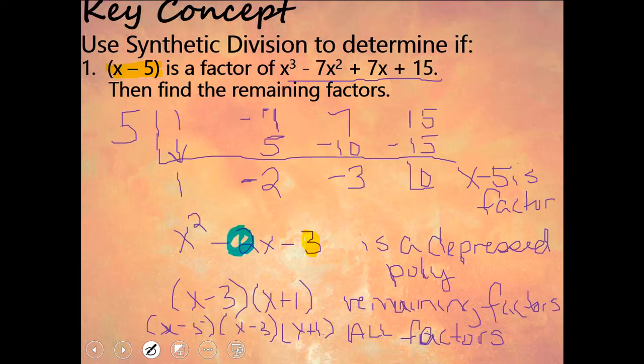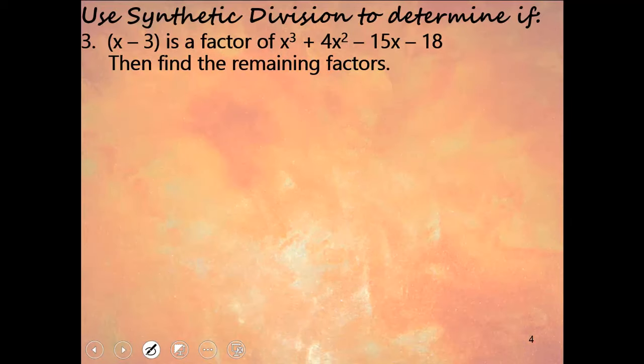So keep in mind the ultimate goal. One more illustration, a sample, and we're going to take 3. That's what we're going to divide by. And we're going to put our coefficients inside the box.